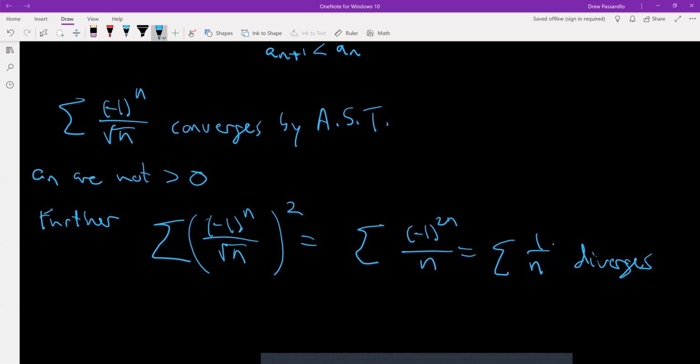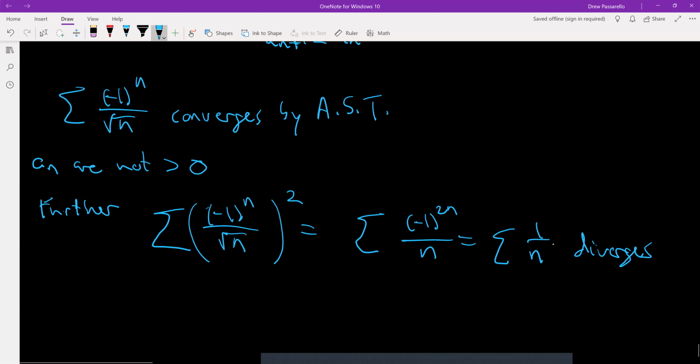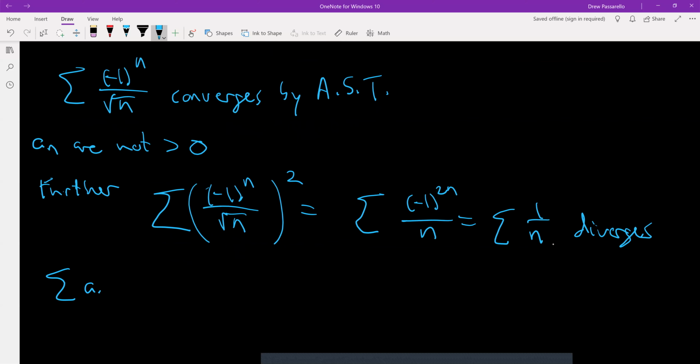Okay, so this is the case where an converges, but squaring the terms, an squared, diverges. And in this case, we had the terms an not be greater than 0, so we're alternating from negative to positive.